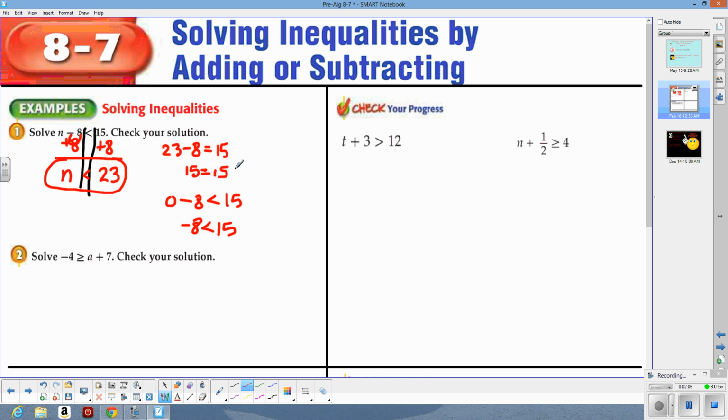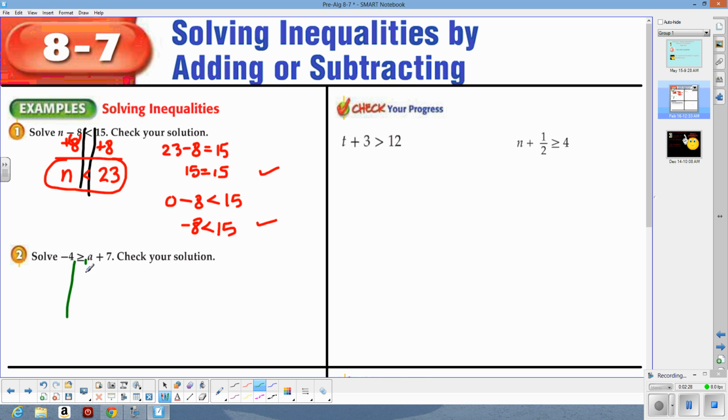So I know I have this number correct, and I know I have the symbol correct. So the numbers less than 23 are the solution to this inequality. Any number that's less than 23, if I plugged it in for n, would make this a true statement. All right, let's try the next one.